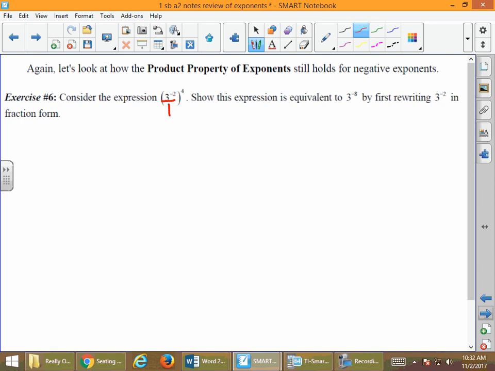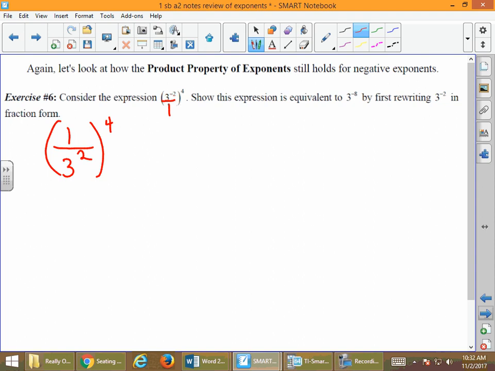We flip and change the sign on the exponent. So this is going to become 1 over 3 squared. And that looks like a negative there, so I'm going to rewrite that. It's not. It's 1 over 3 squared. There's 3 to the negative second in fraction form. And we're going to raise that to the 4th power.